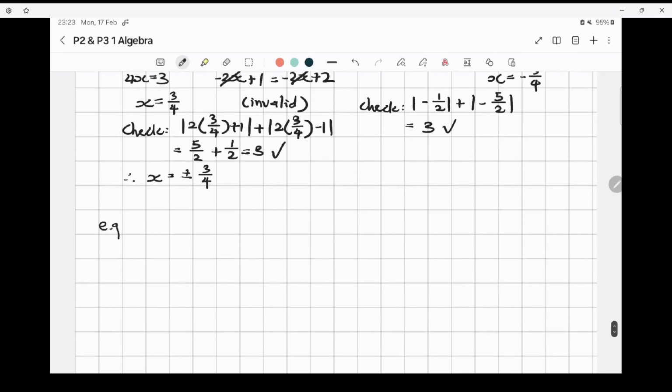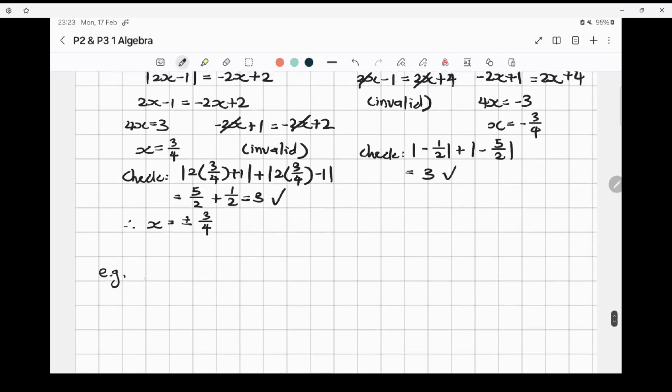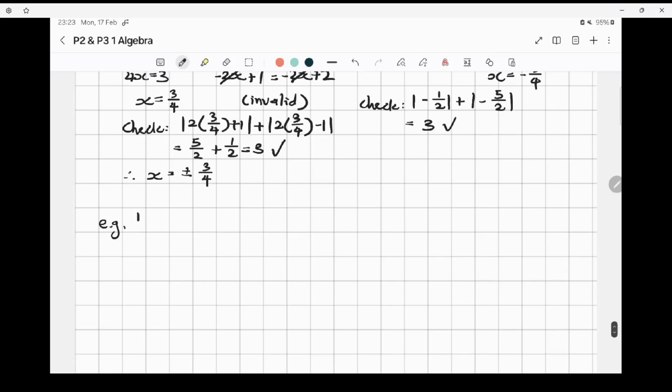So the last question for the day. Let's say you have modulus of 3x minus 2y minus 11 plus 2 square root of 31 minus 8x plus 5y equals 0.